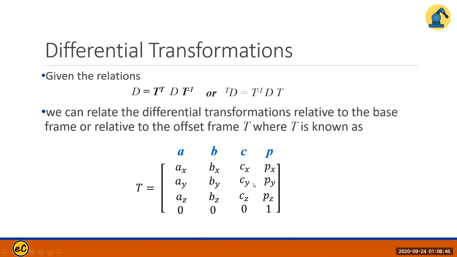It has Px, Py, Pz, which is the point coordinate. And you originally have an orientation assignment by ax, ay, az, bx, by, bz, cx, cy, cz. That is the orientation, the so-called orientation matrix.